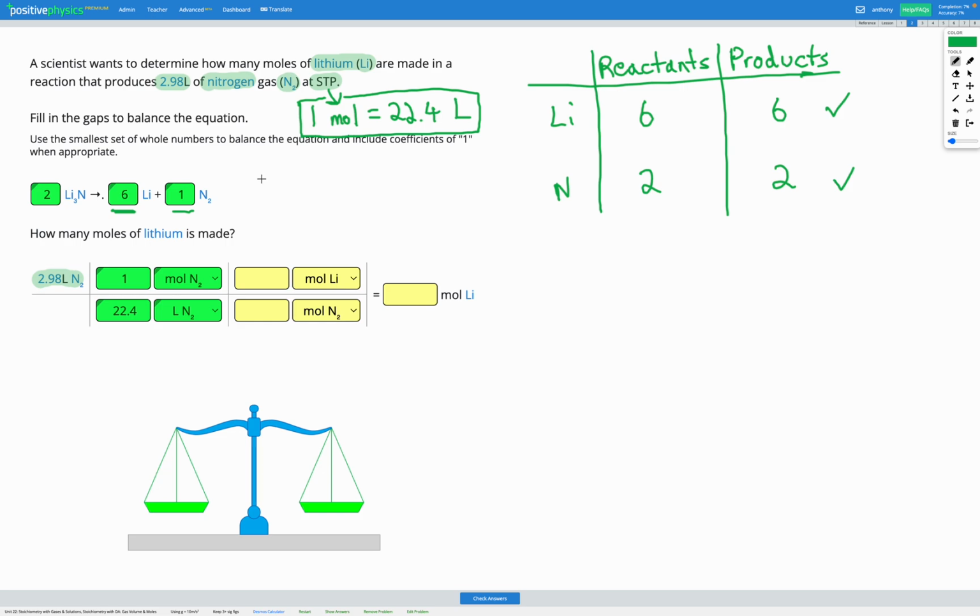So that's going to be my conversion factor that I'm going to use in my last column here. So for every 1 mole of nitrogen, we get 6 moles of lithium.